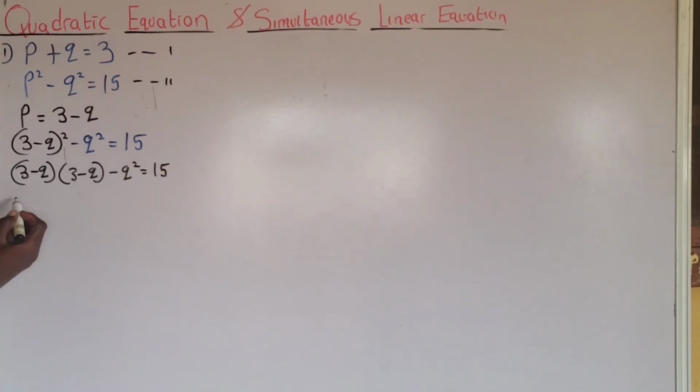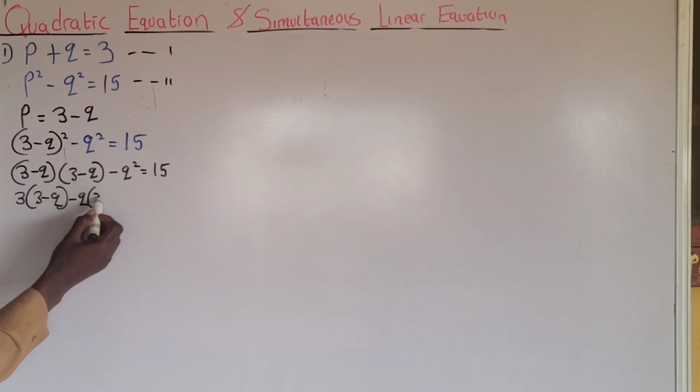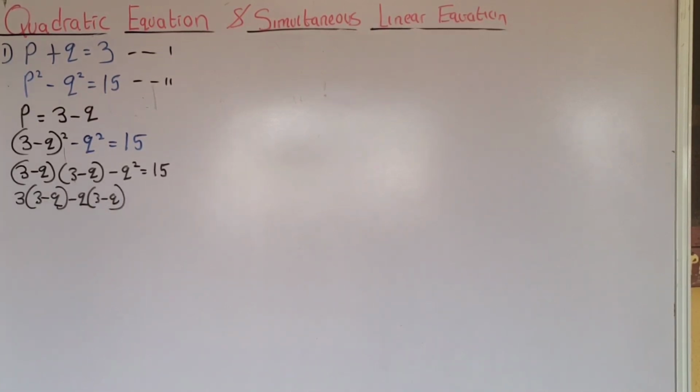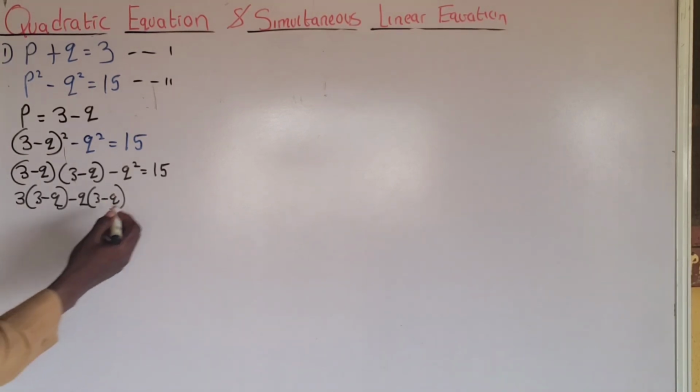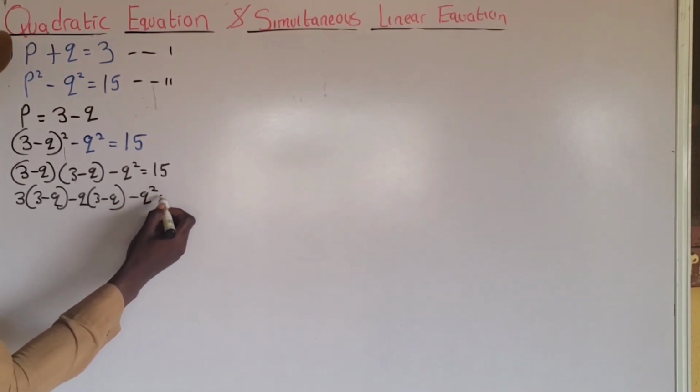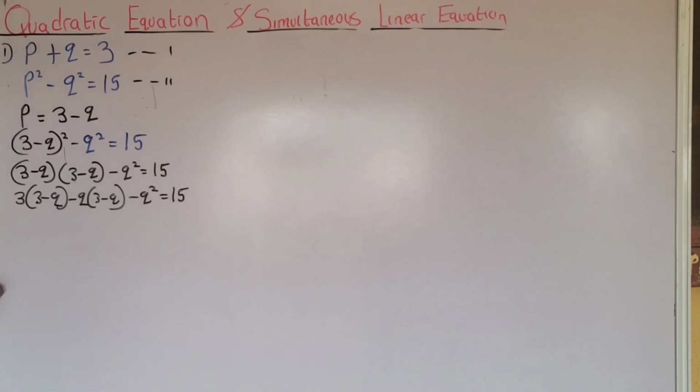Now let's open the bracket. I'm going to have 3 into bracket 3 minus q, then minus q into bracket 3 minus q. If you are part of our class on algebraic expansion, you should be able to expand easily.